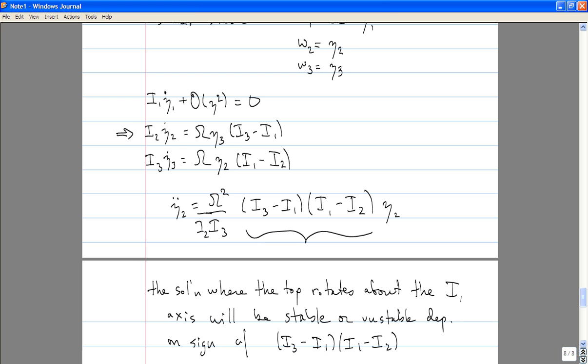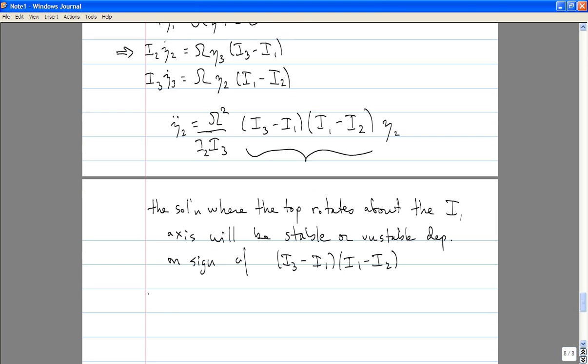Just like that for an unstable equilibrium, rather than a stable equilibrium. So the solution will be stable if this quantity is negative, and unstable if this quantity is positive.